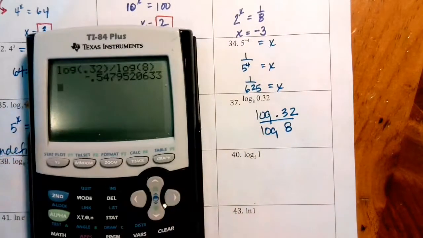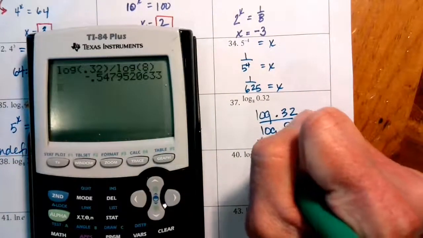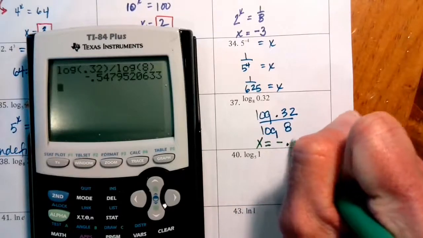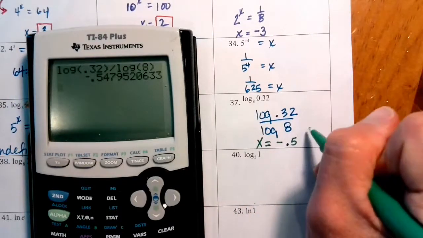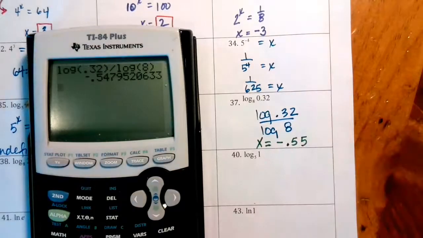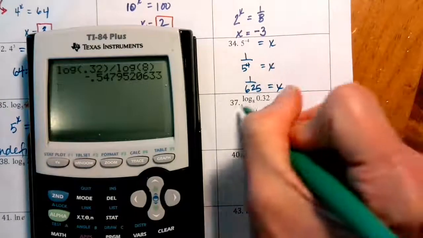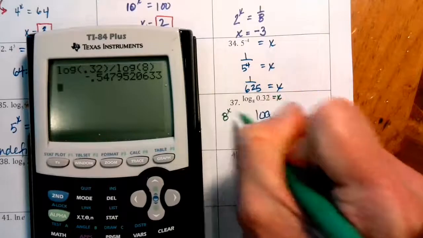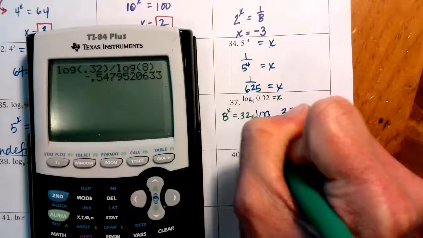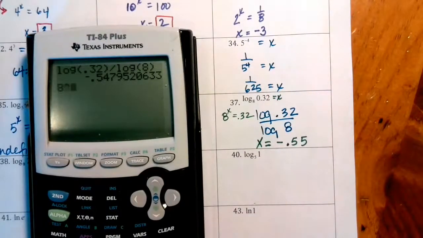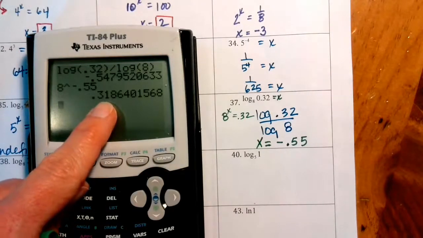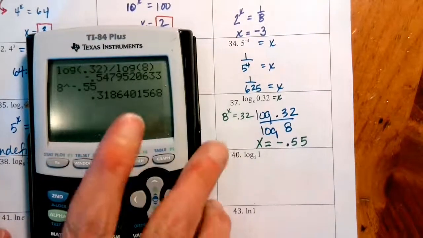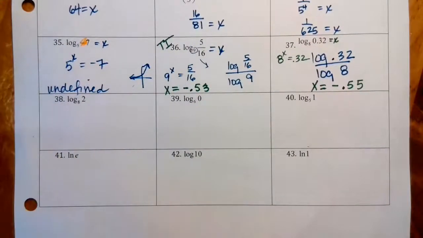And that's going to, again, give us x is equal to negative 0.5. We'll go ahead and round that. But then, of course, be ready to not exactly get the same answer, because what this is asking is, if we have x, 8 to what power is equal to 0.32. If I said 8 to the negative 0.55 power, then you can see that is pretty close to 0.32. So I know I'm doing it right if I check it with the calculator.